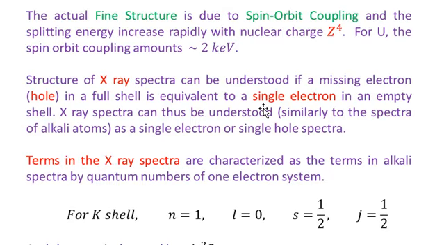So if we treat such a hole as a single electron in an empty shell, then of course we can explain the X-ray spectra. X-ray spectra can thus be understood similar to the spectra of alkali atoms, as a single electron or a single hole spectra.